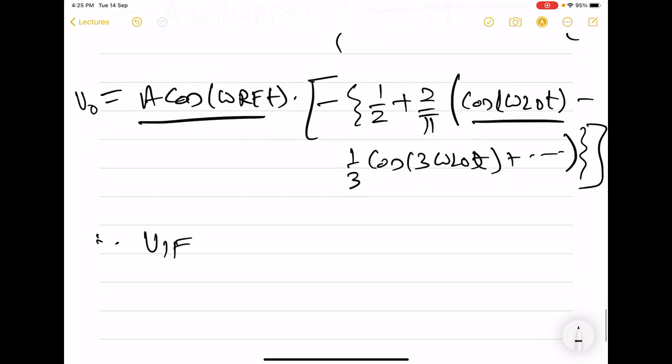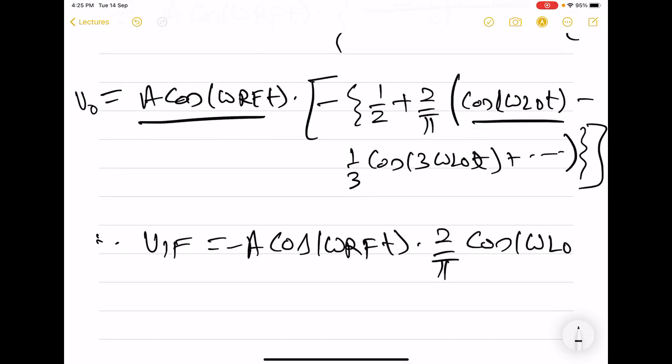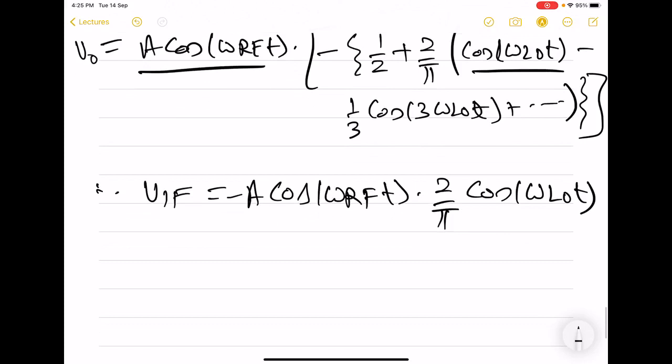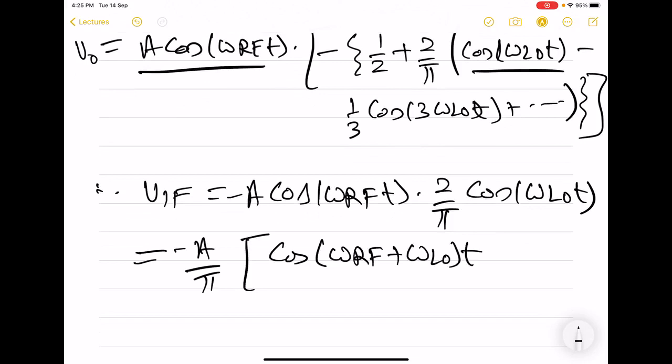Therefore, VIF is A cos omega RF t into 2 by pi. That minus sign is also there. So this gives rise to minus A by pi [cos (omega RF plus omega LO) t plus cos (omega RF minus omega LO) t].